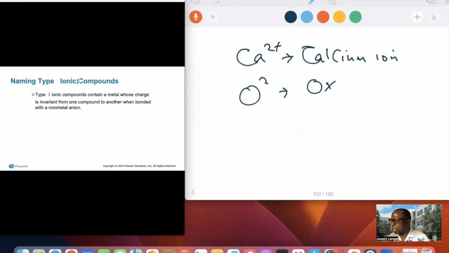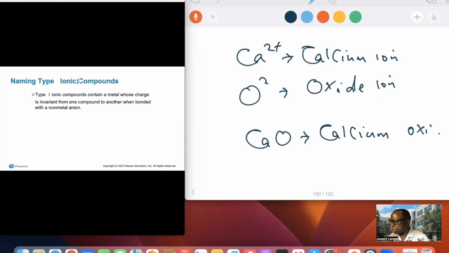This is oxide ion. So this will be CaO. This is calcium oxide. It's calcium oxide. So cancel that. That will go away. We have that calcium oxide.